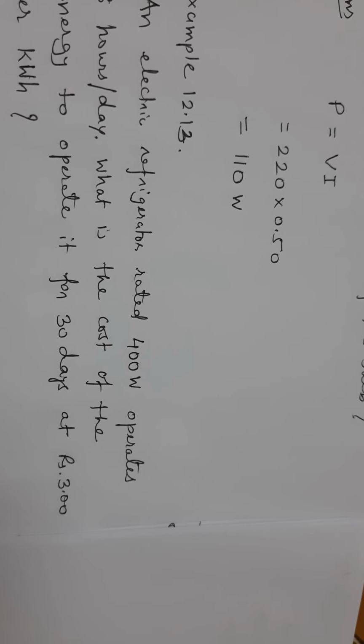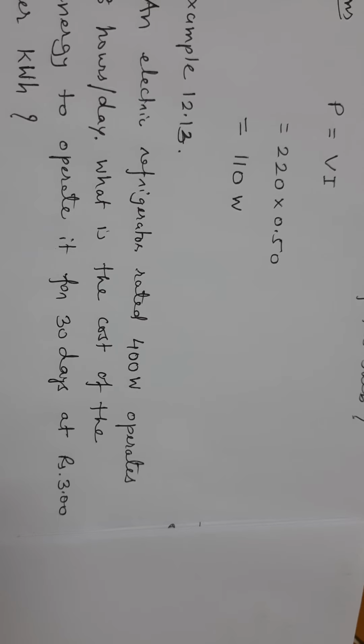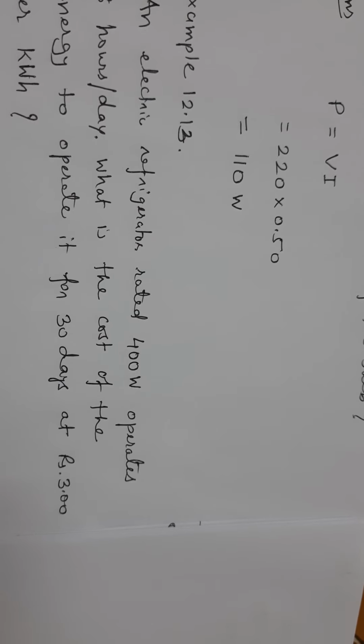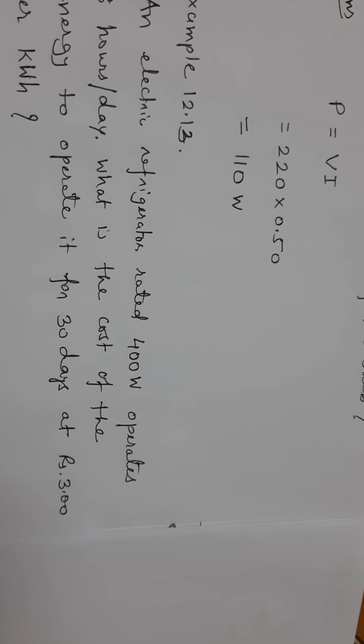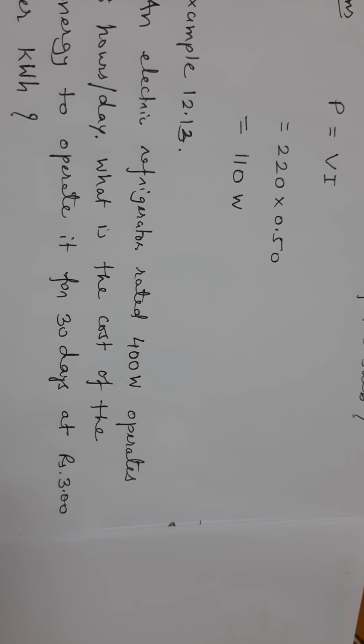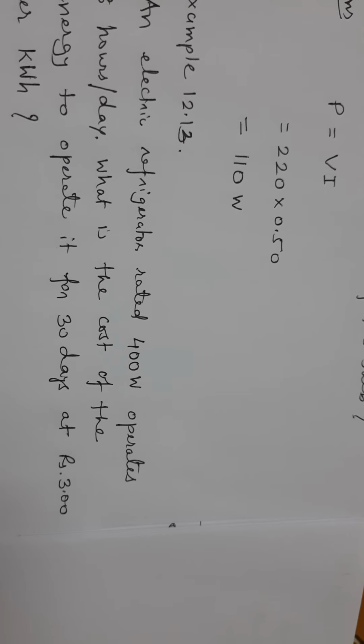That can be calculated on the basis of how many appliances there are, how many bulbs, tube lights, fans, refrigerators, ACs. Depending upon their rating and for how many hours they are used, you can very well assume what may be your electrical consumption of a particular month.